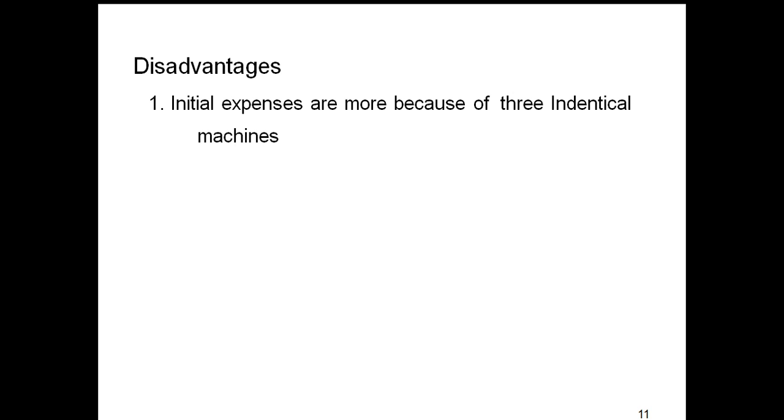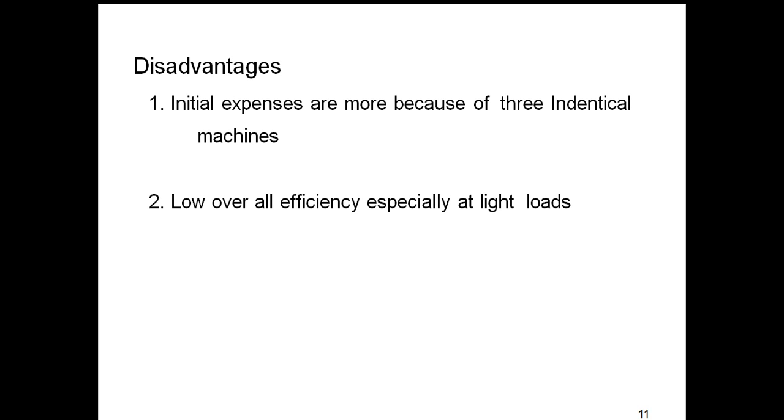The disadvantages of this Ward Leonard method are, since we are using three identical machines, the initial expenses will be more, and low overall efficiency, especially at light loads.